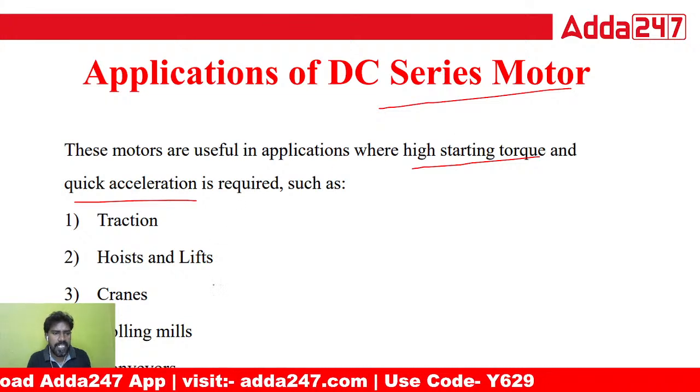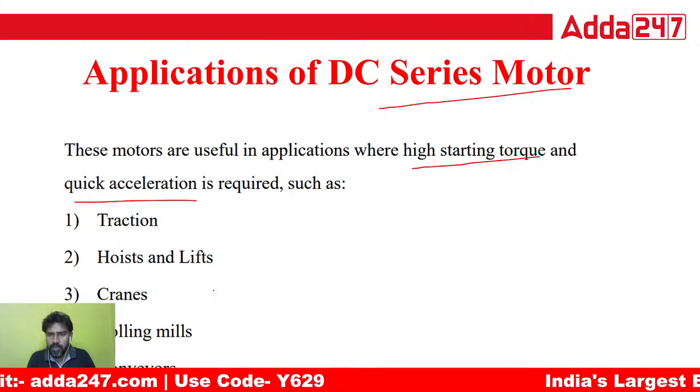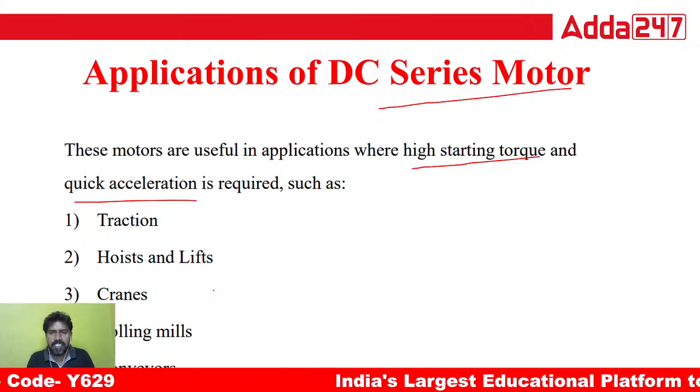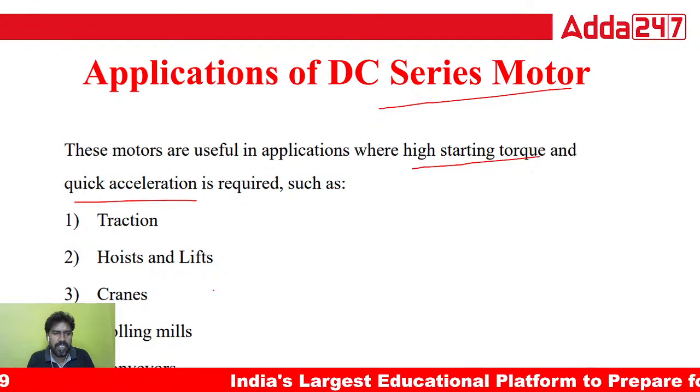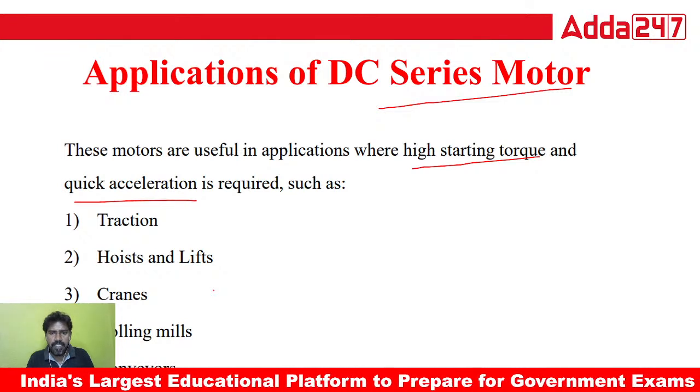Examples are traction, rolling mills, conveyor belts, cranes, hoists, lifts. In these machines and industries we can use DC series motors.